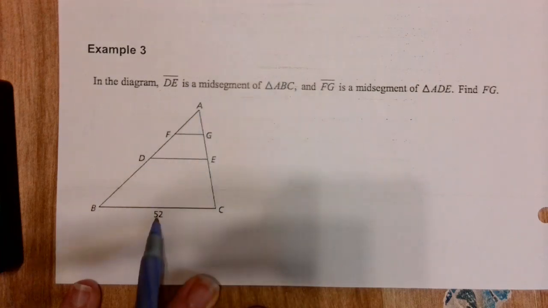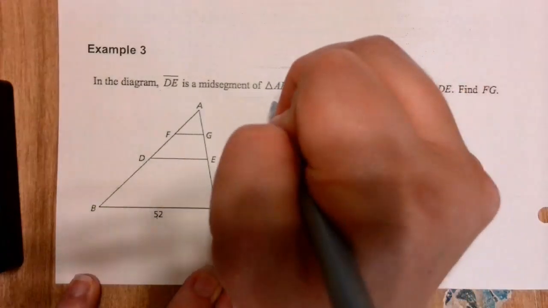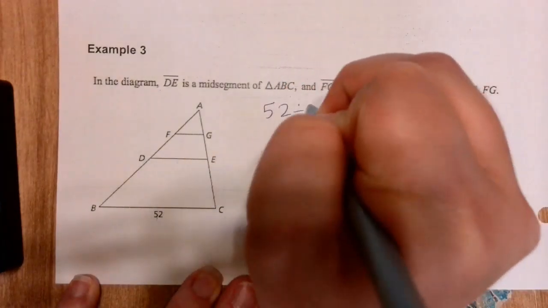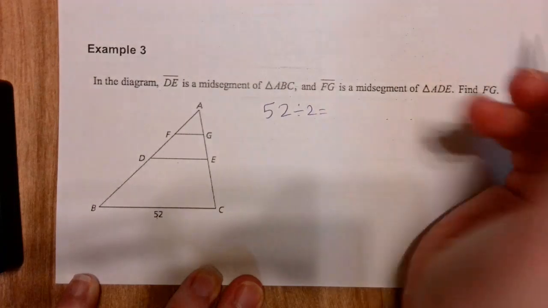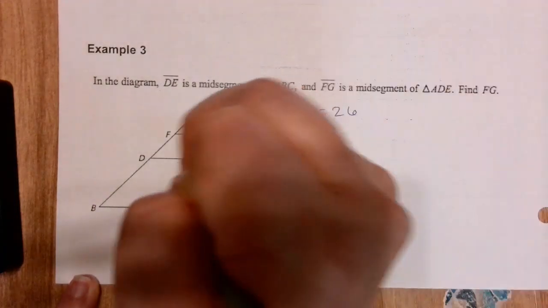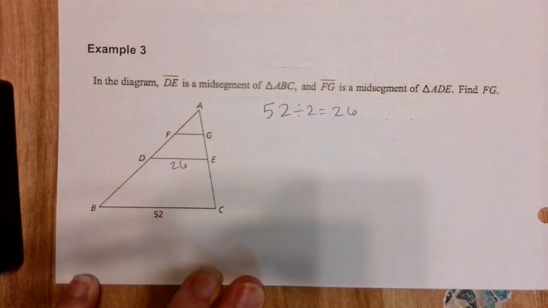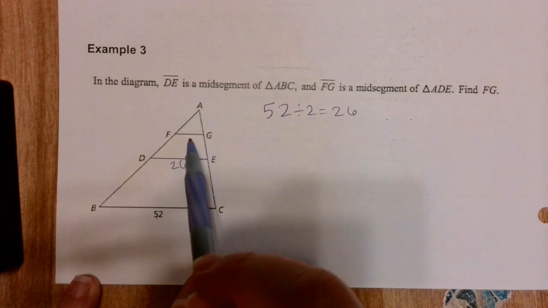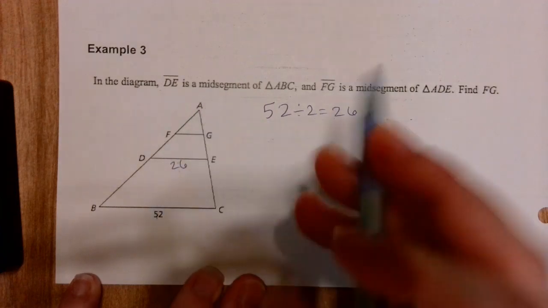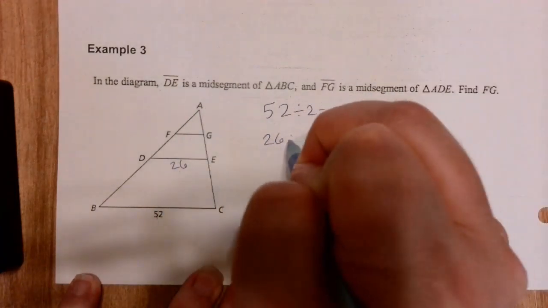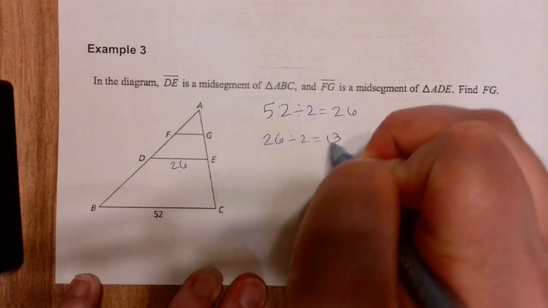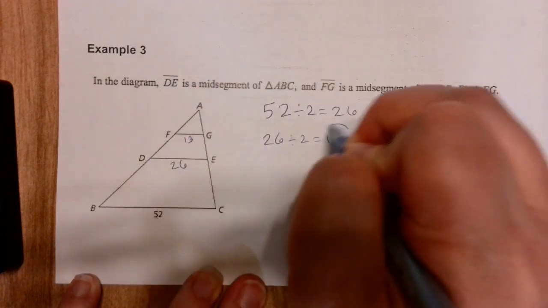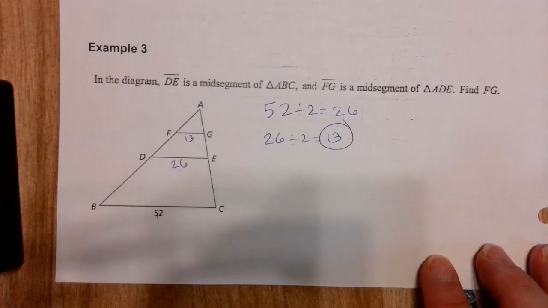So to get from the side to the midsegment, divide by 2. 52 divided by 2 is 26. So DE is 26. Then we have to do it again to get to this midsegment of the medium triangle. 26 divided by 2 is 13. 13 is the length from F to G.